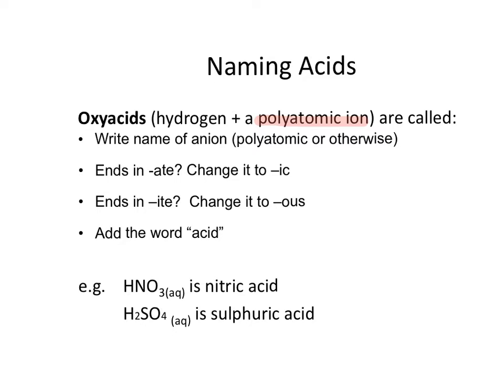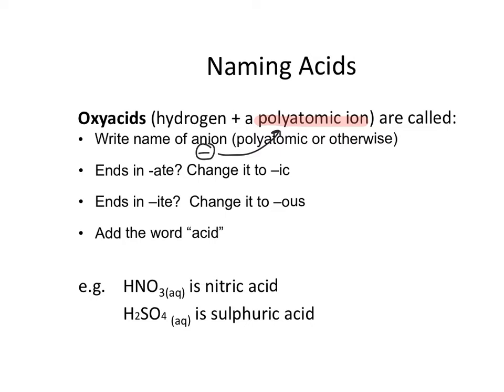So the instructions say to write the name of an anion. Remember from our very first discussion in chemistry, anions are ions that are negatively charged. So in this case, that would most likely be our polyatomic ion. Well, definitely would be a polyatomic ion.